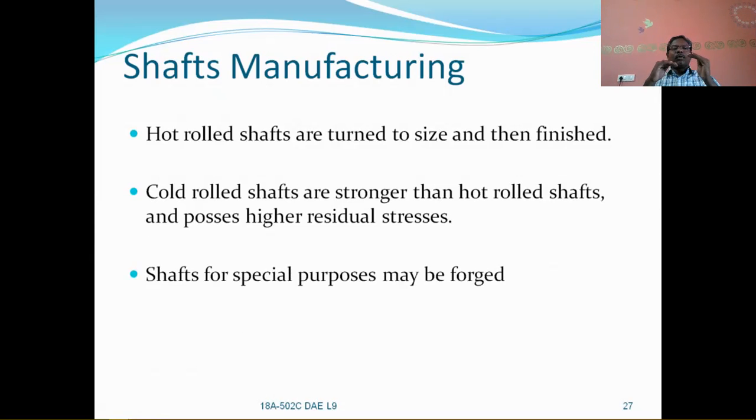Among cold rolling and hot rolling, cold rolled shafts are stronger, whereas hot rolled are somewhat weaker. But whenever you need special purpose shafts, in such cases we use the forging technique for manufacturing.